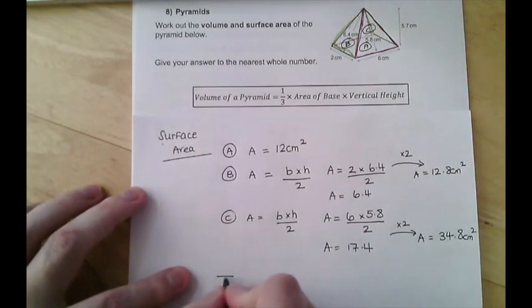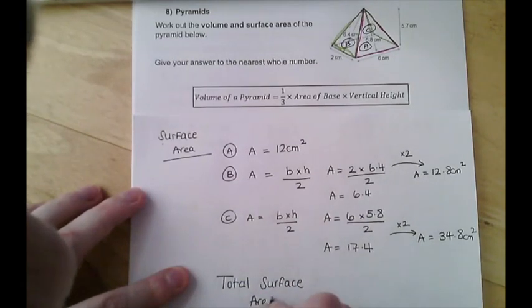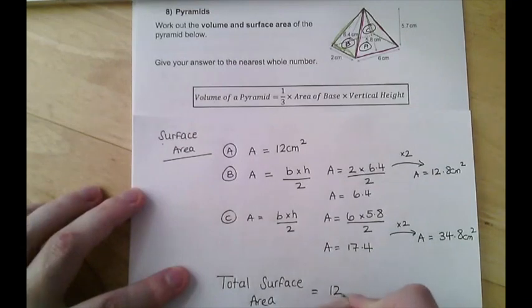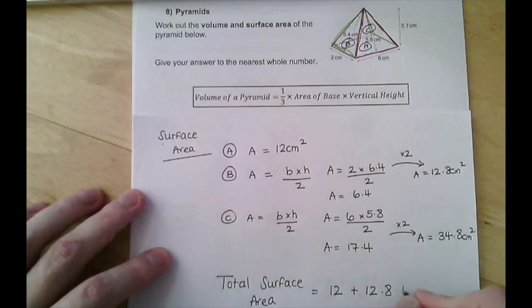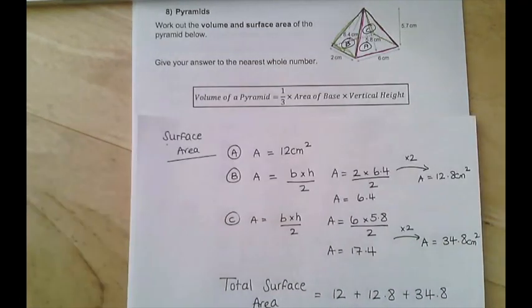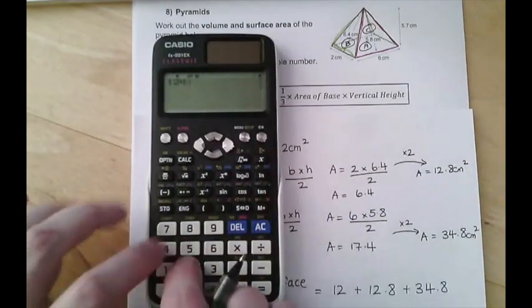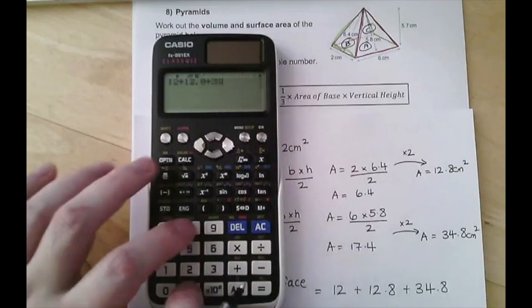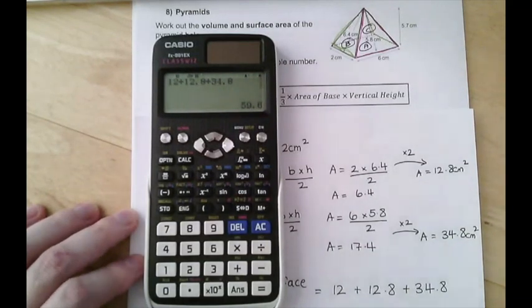So therefore the total surface area is equal to 12 plus 12.8 plus 34.8. 12 plus 12.8 plus 34.8 gives you 59.6 centimetres squared.